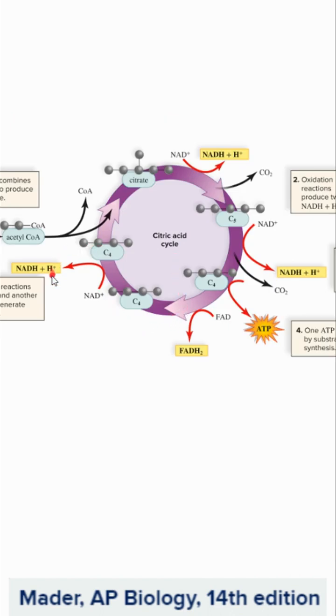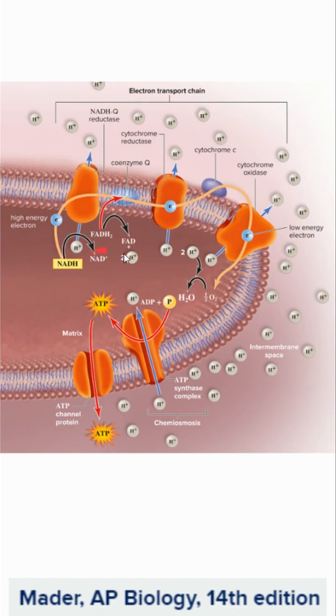And it is that citric acid cycle that is going to ultimately produce the carbon dioxide, but it's going to carry a lot of high energy electrons through NADH and FADH2. Those electron carriers are going to drop off these high energy electrons, which power the pumps, which is going to move hydrogen ions out of the matrix into the intermembrane space.